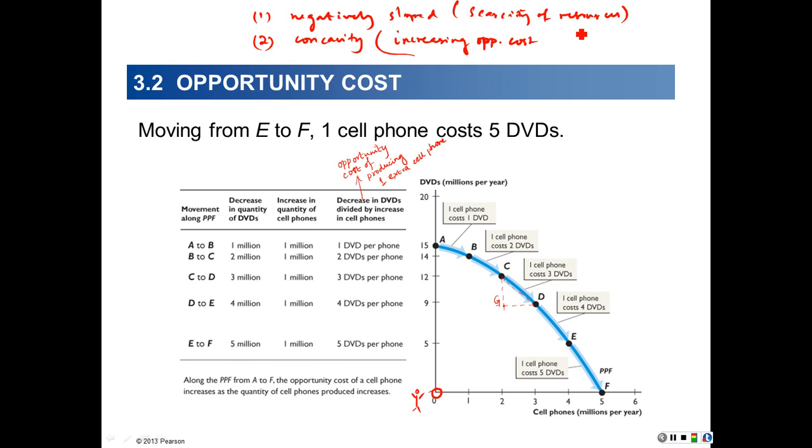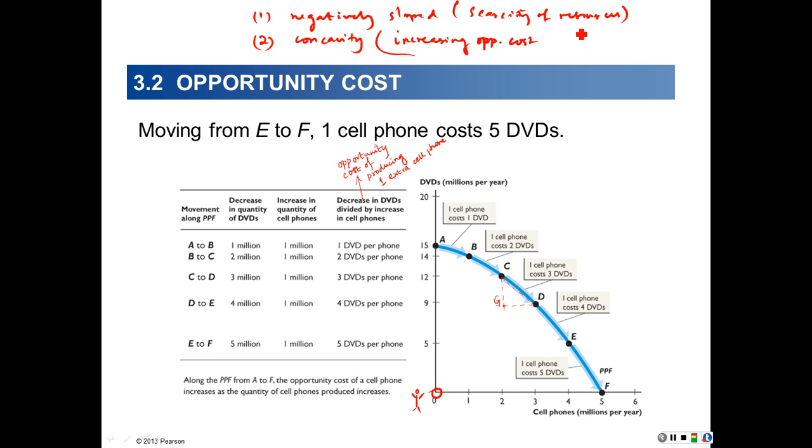More than before. And when the economy goes from 2 million to 3 million cell phones, from point C to point D, well, the opportunity cost now is 3 million DVDs. So we have this progressive increase in the opportunity cost of producing cell phones in terms of DVDs given up. Correct?